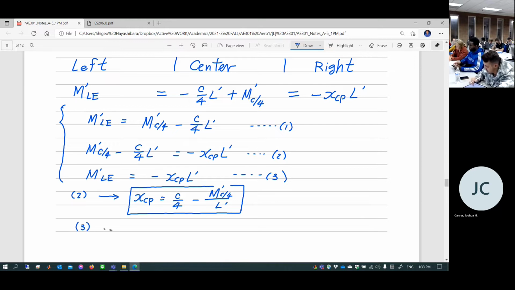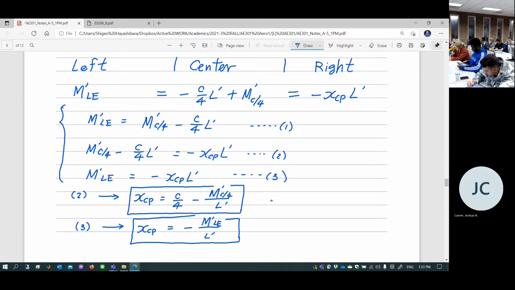If you use equation 3, this also solves XCP, the center of pressure location, which is equal to negative M prime leading edge divided by L prime. So this is the center of pressure location in terms of leading edge moment and lift per unit span. Two equations come up. Those are called center of pressure location.